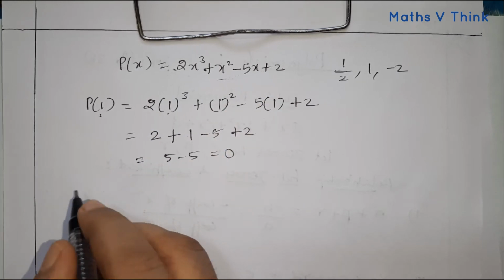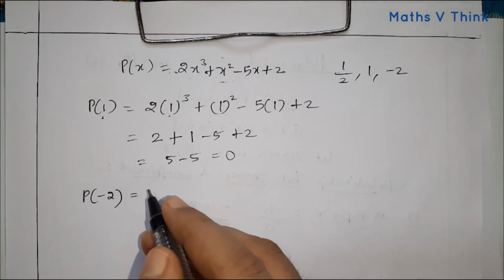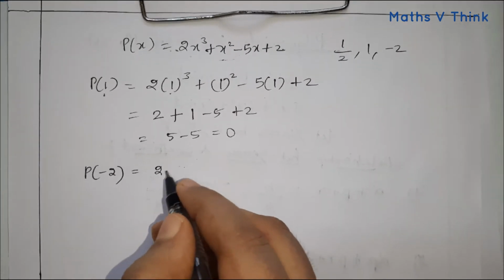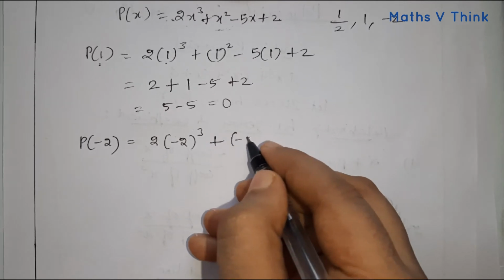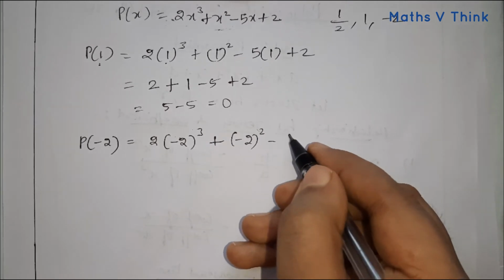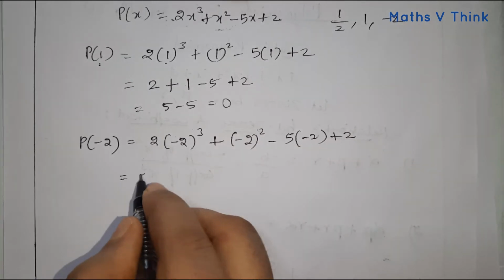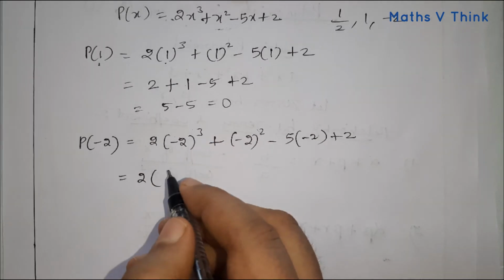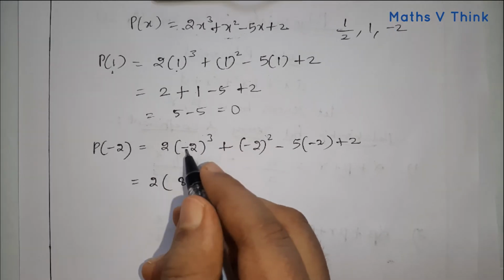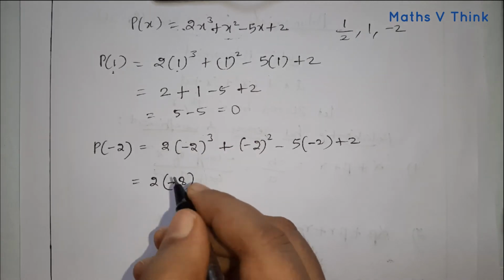Now we need to check the third zero, p of minus 2. So substituting minus 2 in the place of x, so 2 into minus 2 the whole cube plus minus 2 the whole square minus 5 into minus 2 plus 2. So minus 2 cube is what? 2 twos are 4, 4 twos are 8, and minus into minus is plus, plus into minus is minus, so minus 8.